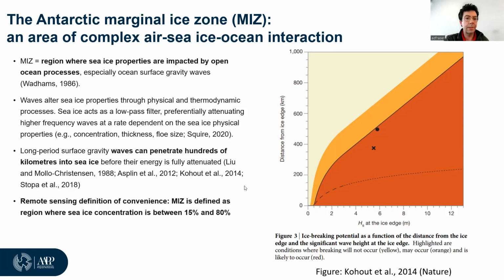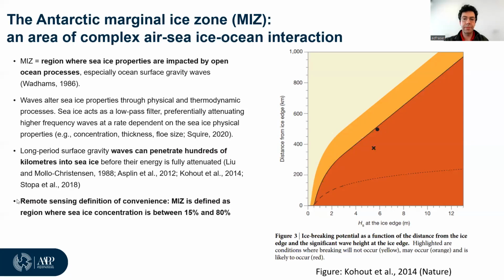The attenuation into the pack depends probably a lot on the physical properties, the thickness, floe size, etc. But the energy is not fully attenuated, and as Mike knows very well, we don't exactly know where it goes, but it goes somewhere, and eventually most of these waves get penetrated to the edge of the continent.